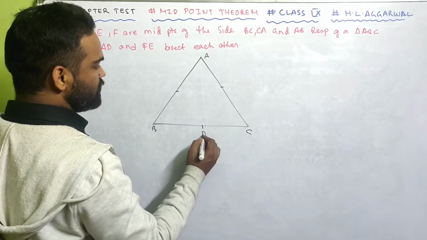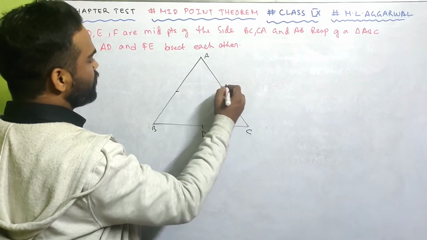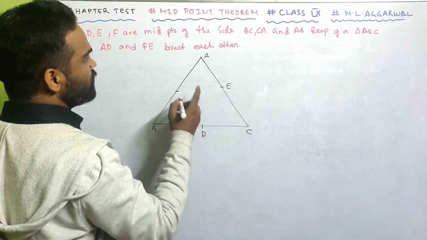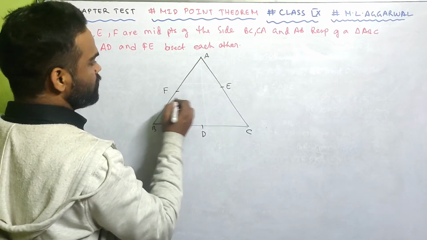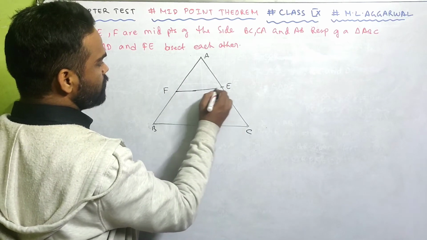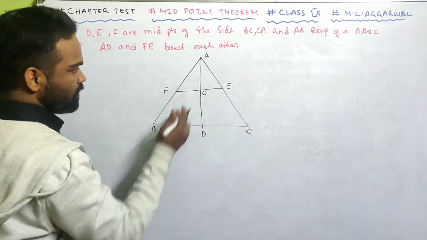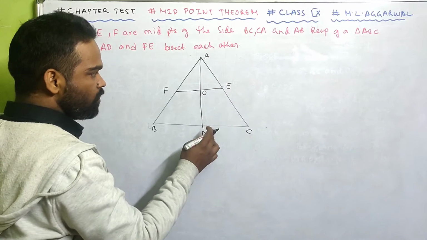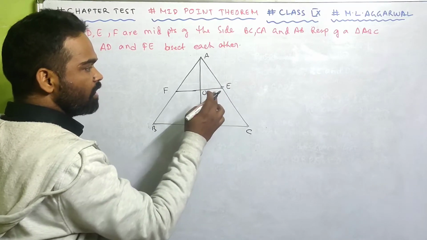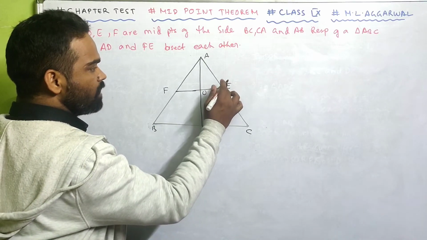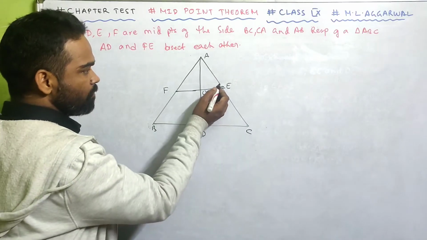BC midpoint is D, AC midpoint is E, and AB midpoint is F. We need to prove that if you join this, suppose this is O, then AO and OD are equal, FO and OE are equal. We need to prove that they bisect each other.